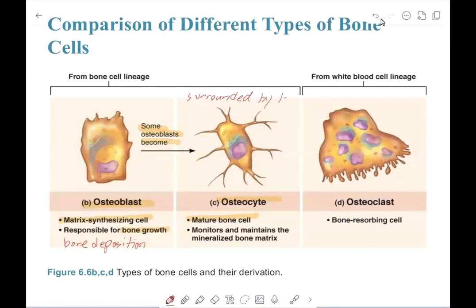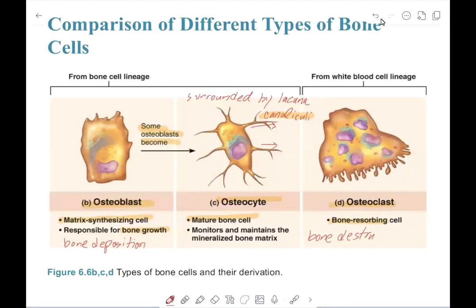So that's the cavity, remember, that they are located in. These extensions for the osteocytes that you see are what are located in very small canals called canaliculi, which we'll be talking about coming up.